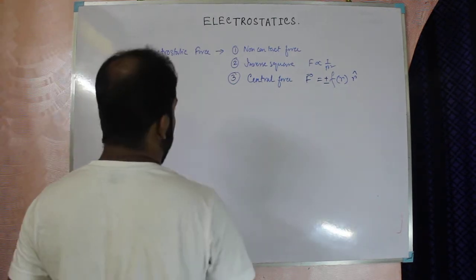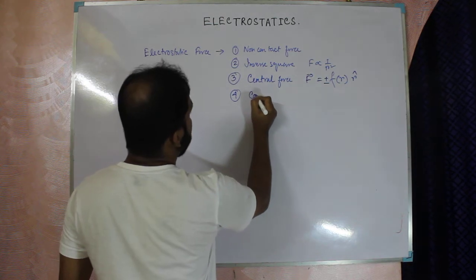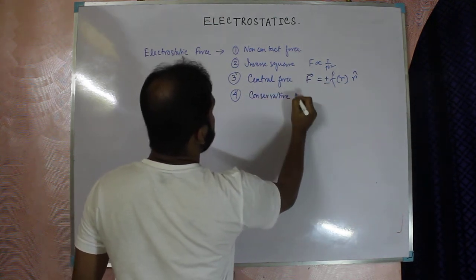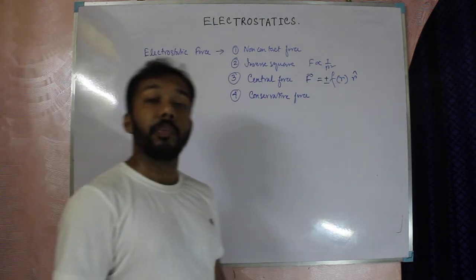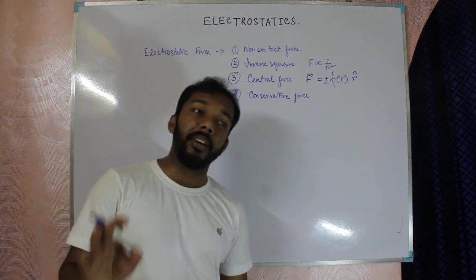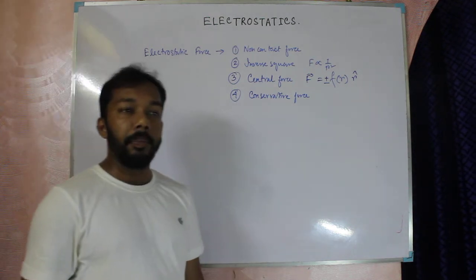Also it is a conservative force field. You know what do you mean by conservative force? Conservative force means work done does not depend on path. There is no dissipative force like friction or viscous force like that. So it is entirely conservative.